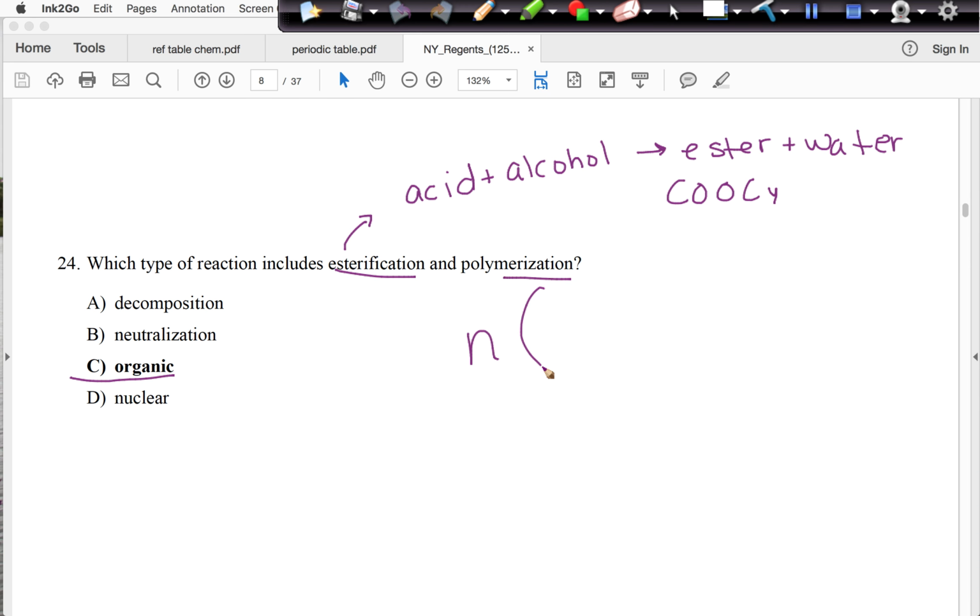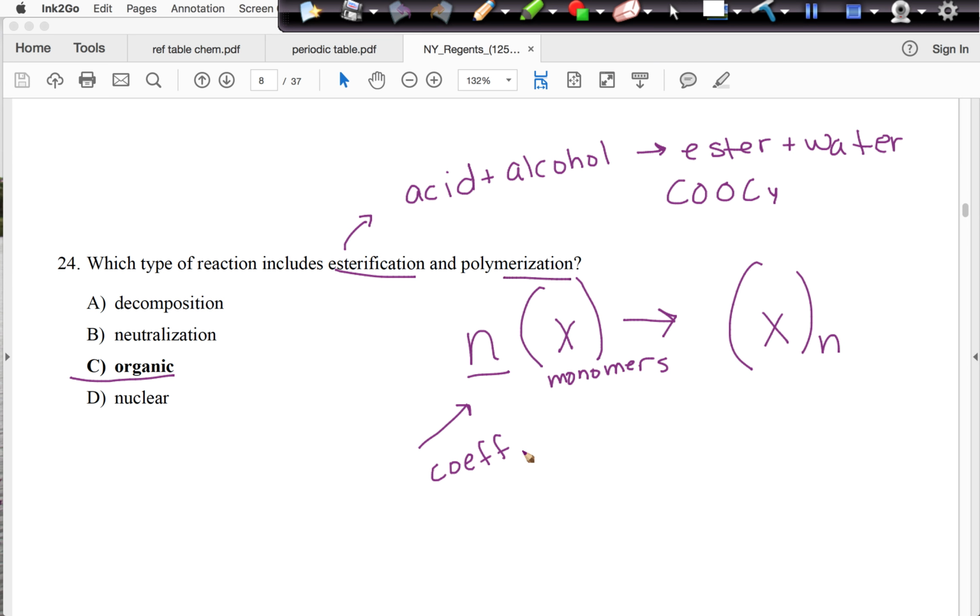Remember that polymerization was the one where we have some number of small pieces, which would be called monomers, and we make them become connected. Remember, when we have a coefficient, it means that we have them separate. A subscript means that they are bonded chemically. And if we take many, many monomers and join them, we make a polymer. And we said that was another type of organic reaction.